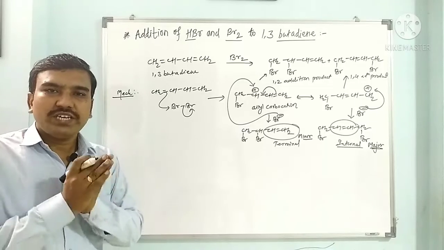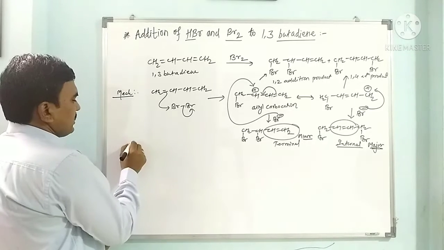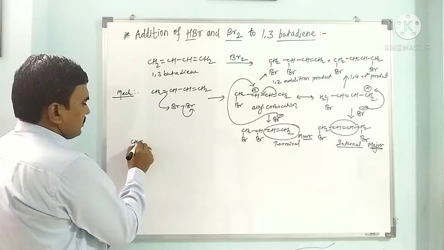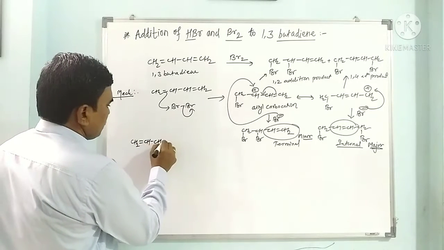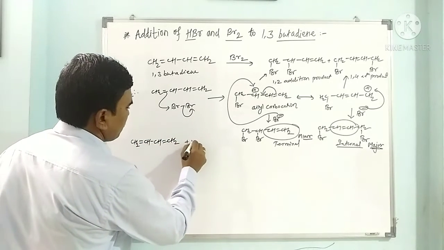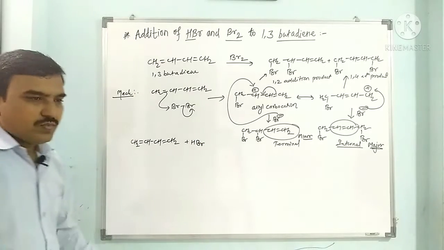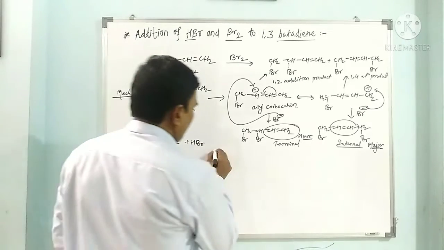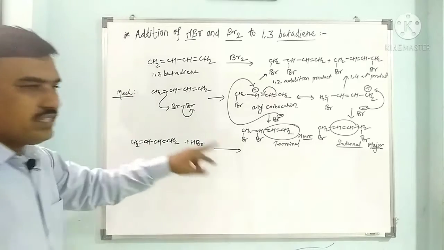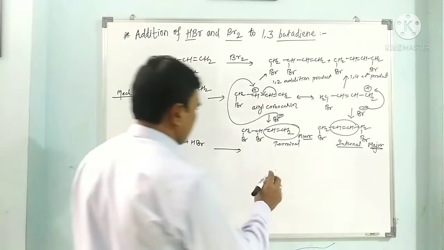Now we have to see addition of HBr to butadiene. Addition of HBr: CH2 double bond CH, CH double bond CH2 plus HBr. So here we get the 1,2 addition product as well as the 1,4 addition product. How?